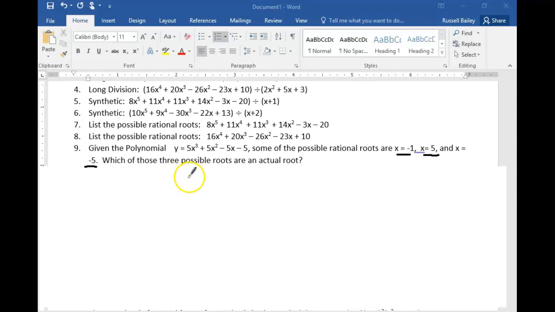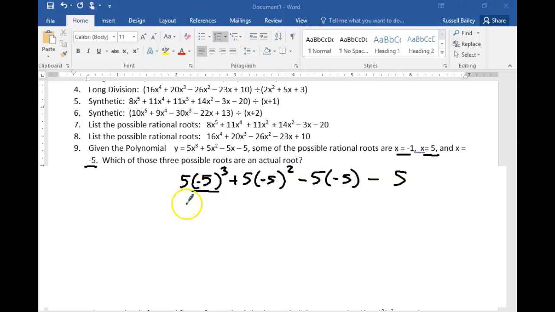So let's go ahead and start with -5. So plugging in -5 at first to see if that works. Okay, so -5 to the 3rd power is -125. -5 to the 2nd power is 25.